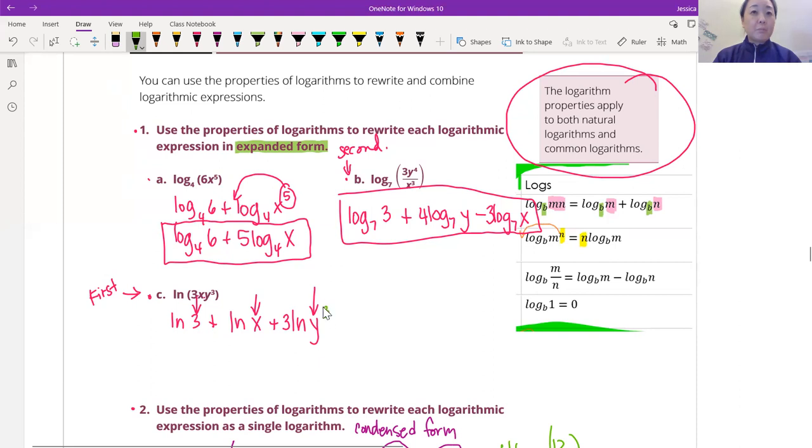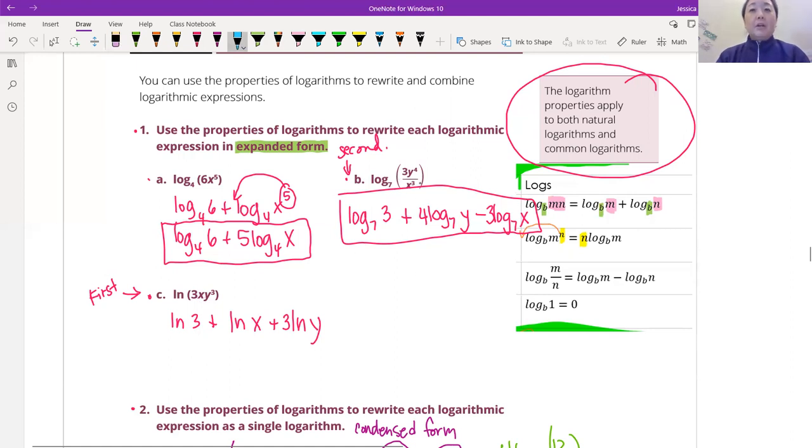Remember there was a 3 here, but we brought that up to the front because that was an exponent. And what do we do with exponents? Multiply with the other exponent, which is the log. So this is where that 3 went. So there we go, that's what that's going to look like. That should be your answer.